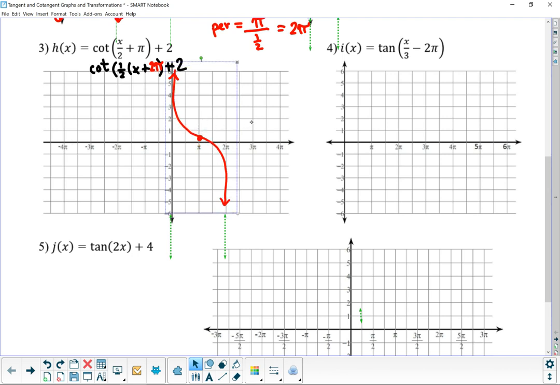So 1, 2. And then my phase shift is, I'm going to go to the left 2 pi. And if I'm counting this, 2 pi is going to be 1, 2, 3, 4 blocks. So I'm going to need to move this 4 blocks to the left, because this is a plus 2 pi in here.